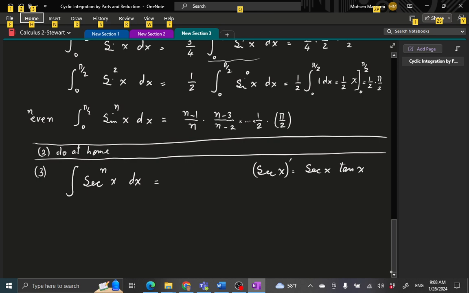Since we are dealing with powers, let's practice the power as well. Secant to power of n of x. What if I want to differentiate that? Well, the exponent comes in, 1 less than the exponent will be there, and the derivative of the base is secant of x tangent of x, which simplifies to n secant to power of n of x tangent of x.